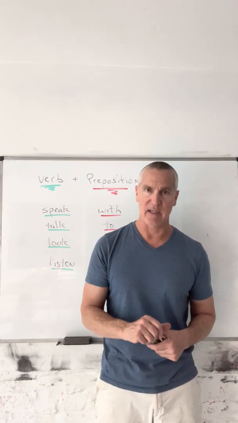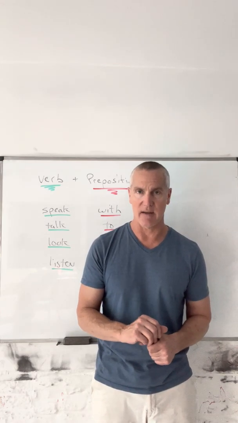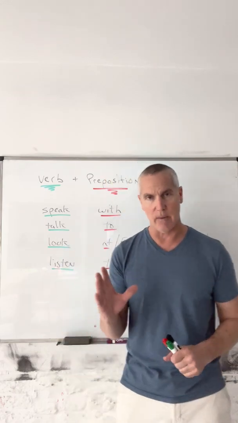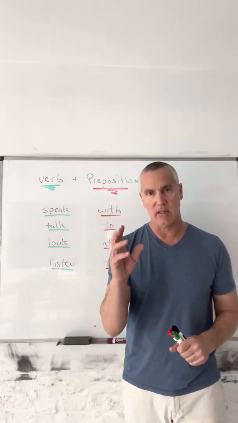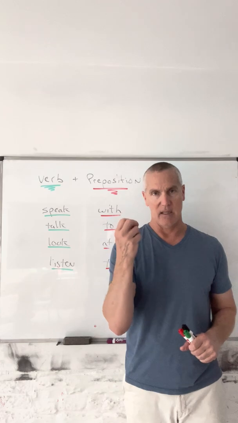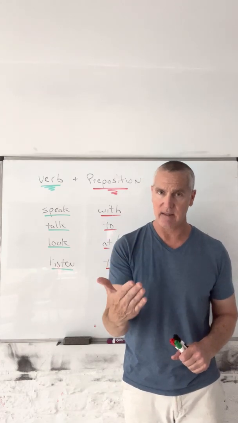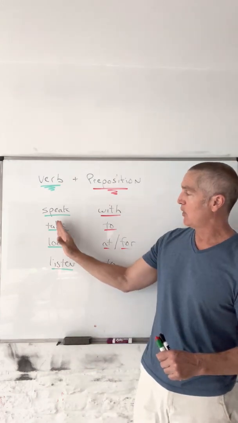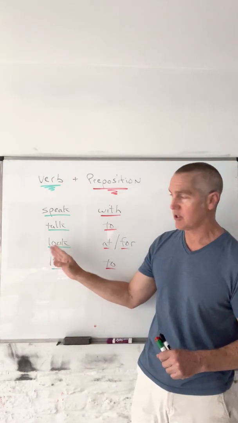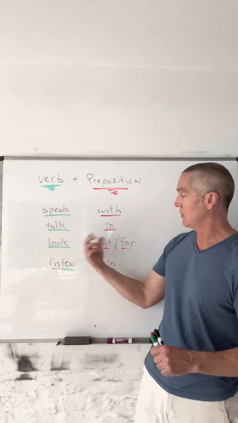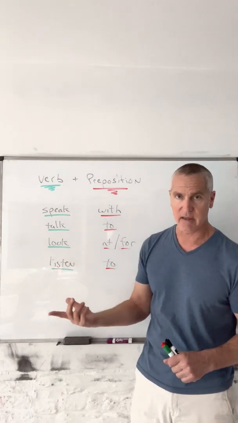We'll talk about phrasal verbs some more in class. But for now, I want you to imagine this. It's possible in the second sentence that becomes the adjective clause, it's possible to have a verb preposition combination. Speak with, talk to, look at, listen to, etc.